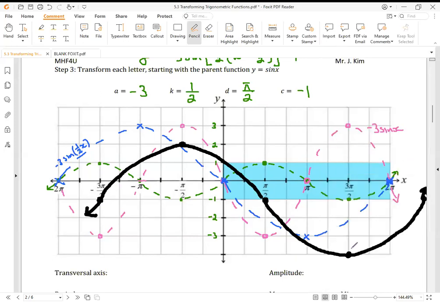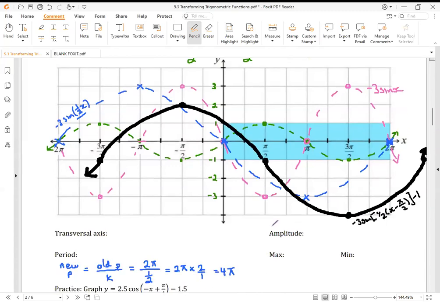This is negative 3 sine 1/2 times x minus pi over 2 minus 1. I mean, it's annoying, but it works.